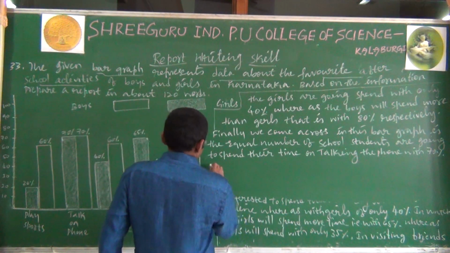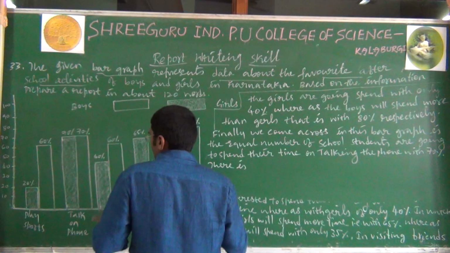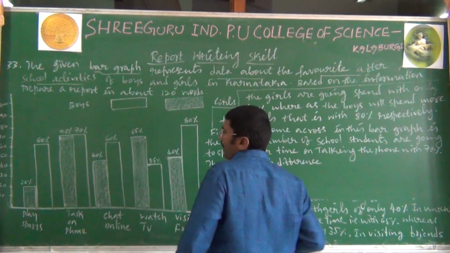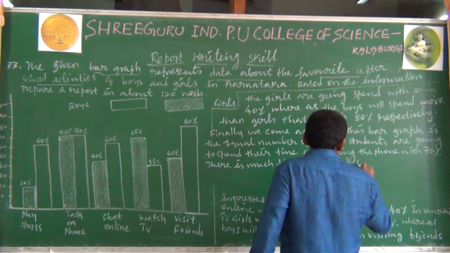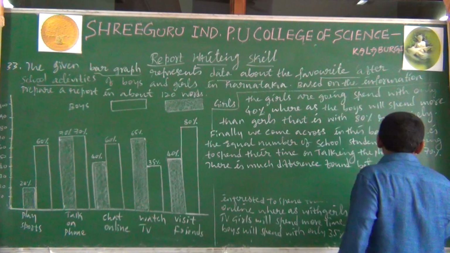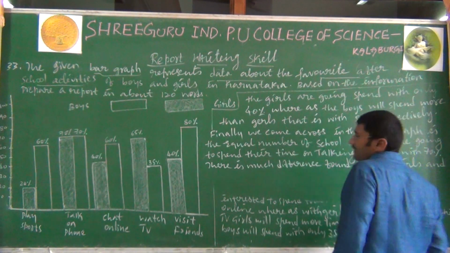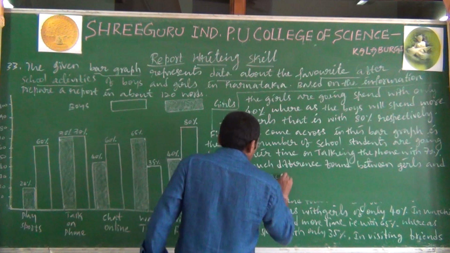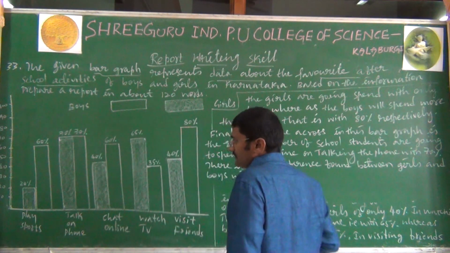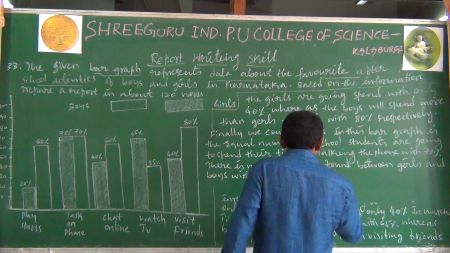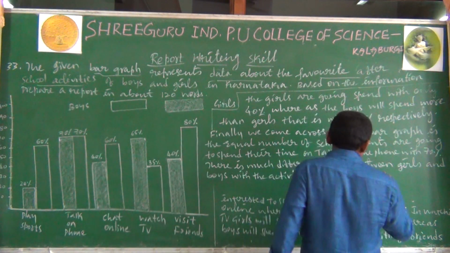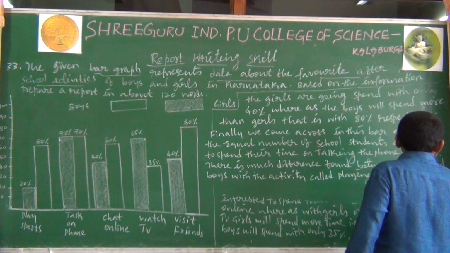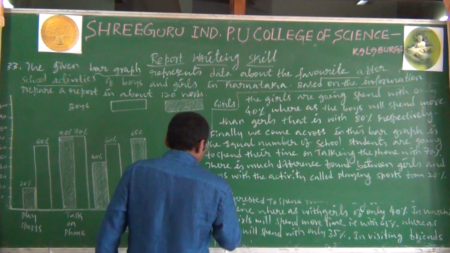And there is much difference found between girls and boys with the activity called playing sports, from 20% to 60%.